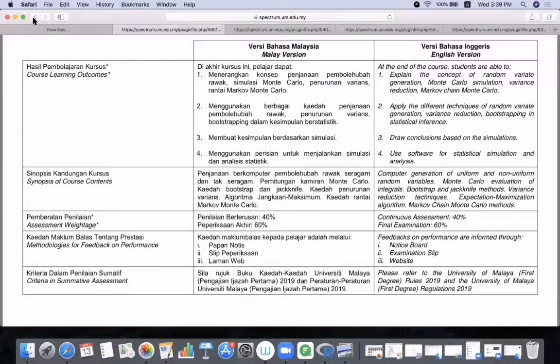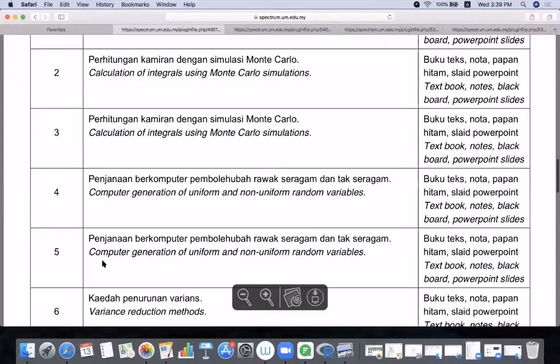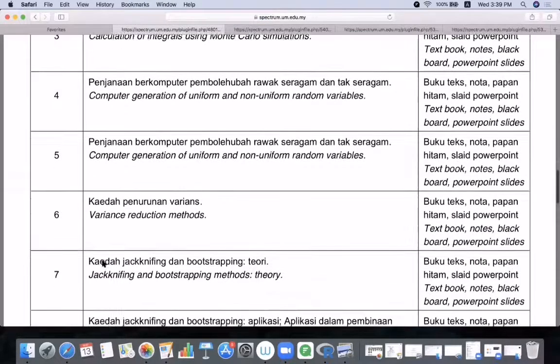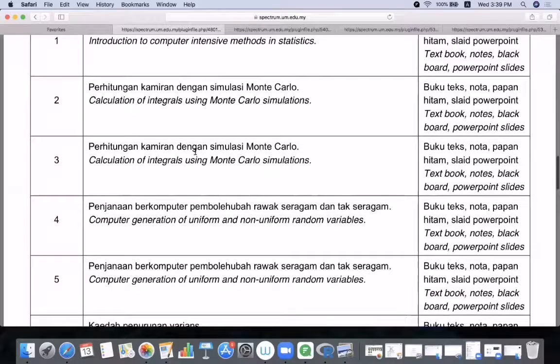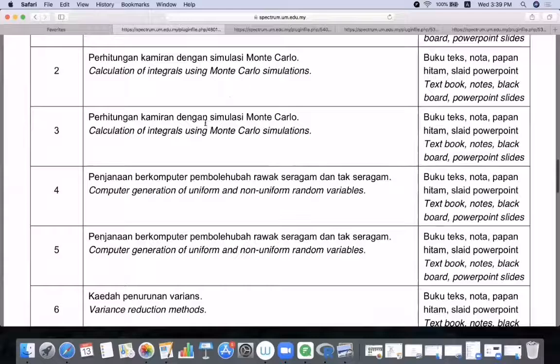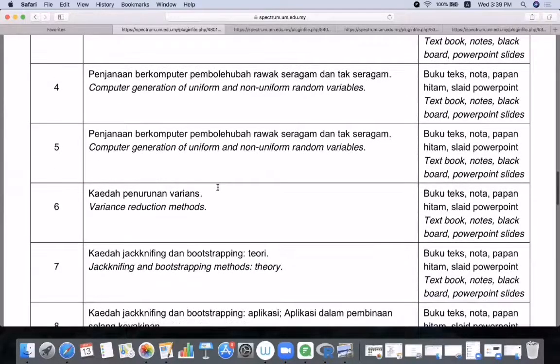Okay, let's see. Teaching schedule. Okay, this is the original one, right? So we covered this, right? Introduction, calculation of integrals, right? So 2, 3, computer generation, we already talked about that. Uniform, non-uniform, okay? Variance reduction, okay?